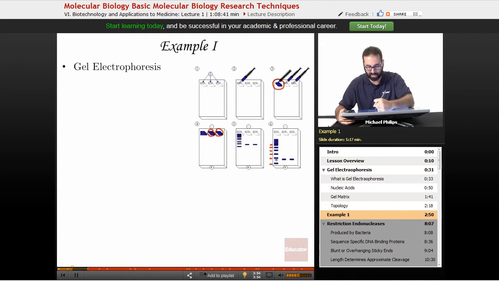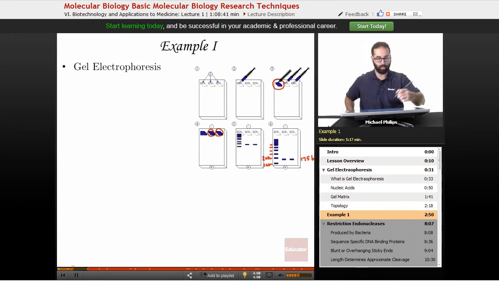Then you can see that somewhere between here, if this is 100 and this is 200, our sample is maybe at 175 base pairs. All right, so what our gel might look like is, let's say, this.